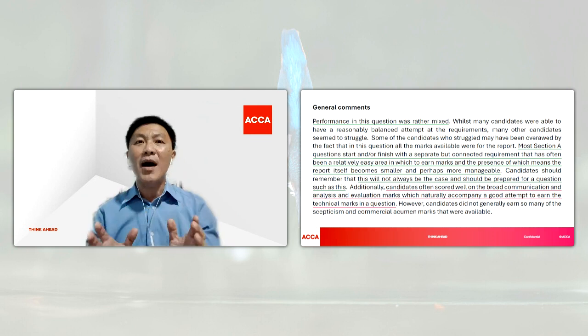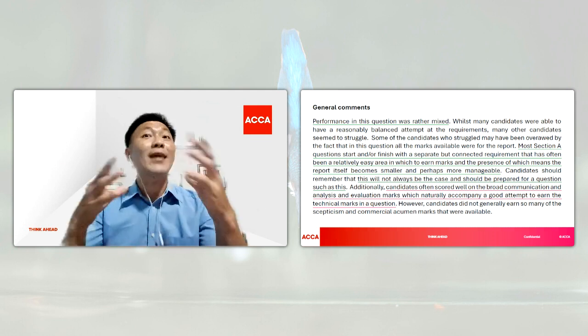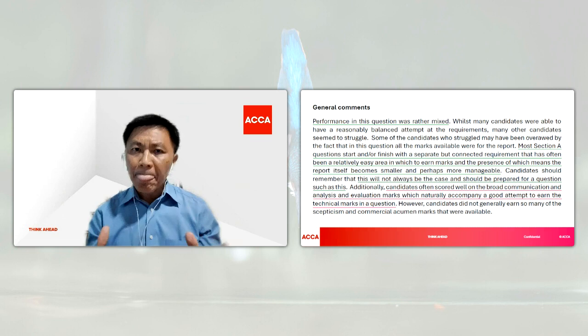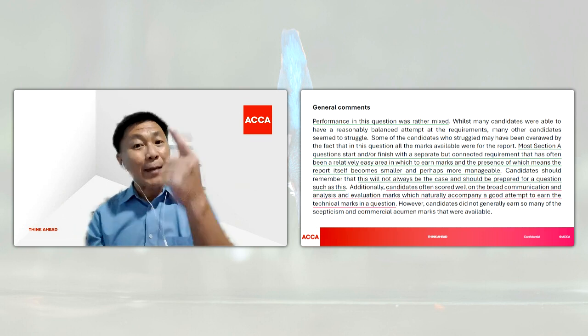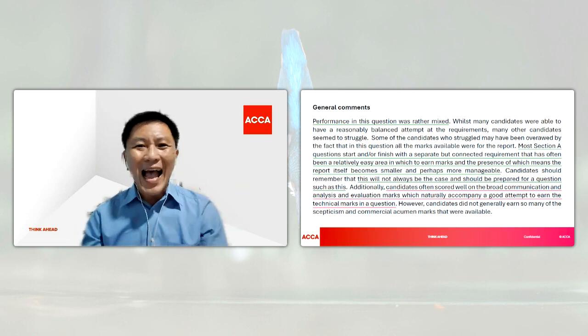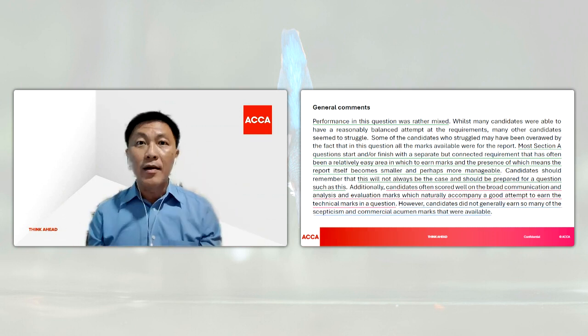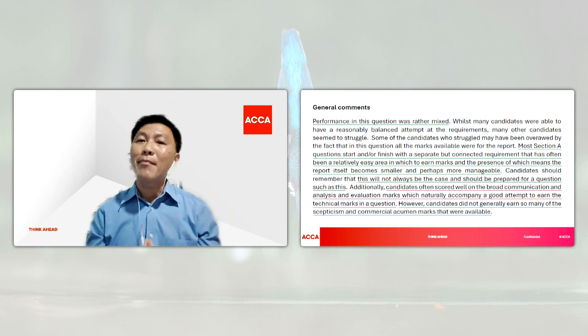These marks are pretty impressive, demonstrated by many of the students. Whereas the marks pertaining to skepticism and commercial acumen are showing a bit of concern among the examining team and the marking team.